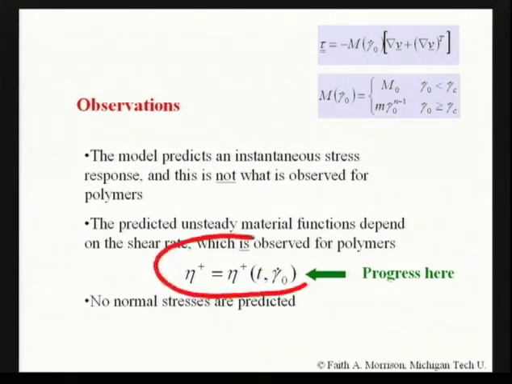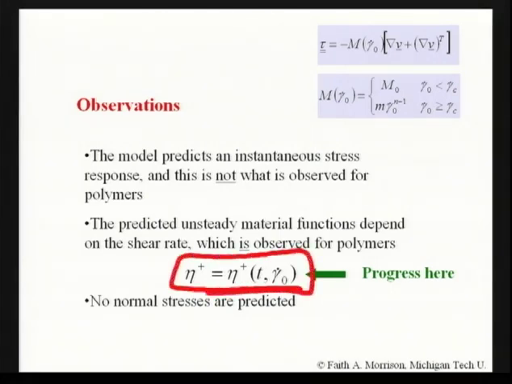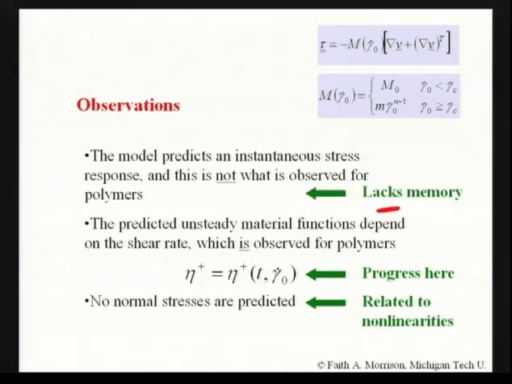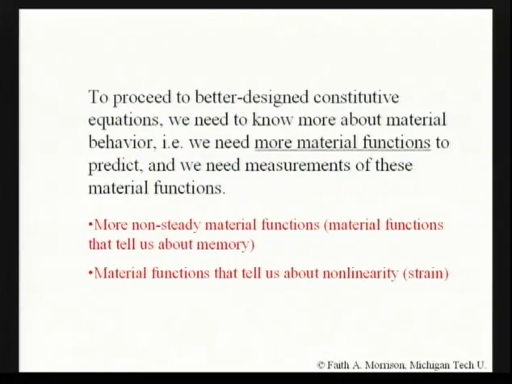And we were able to predict the steady shear viscosity response well, and this function is improved, which we'll talk about a little bit later when we talk about the power law model. But we did not succeed in fixing the normal stresses. There is no time dependence and no nonlinearities.